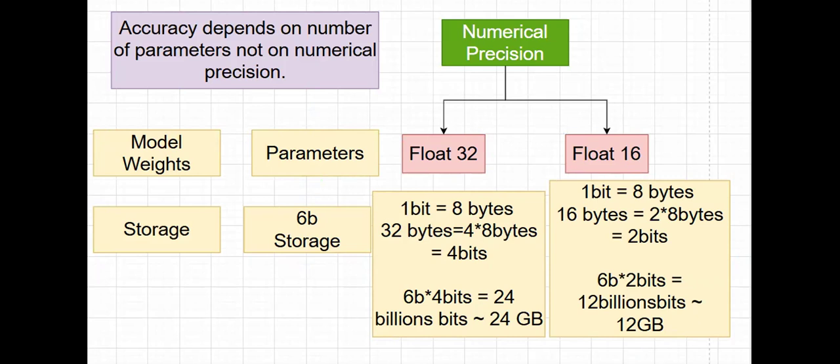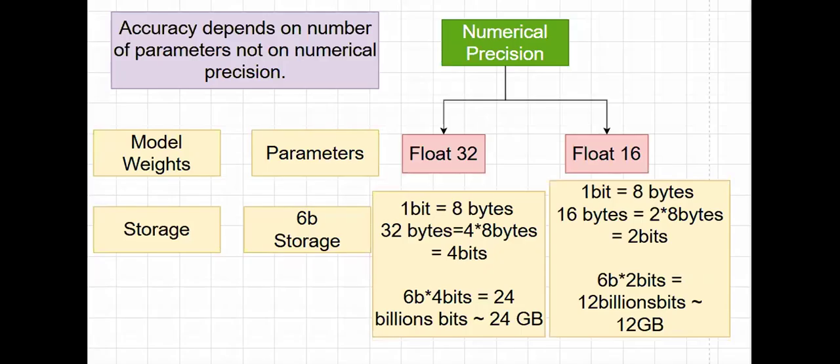Then there will be a conversion time, nothing but it will require some compute while converting the data from the represented parameter value, that is either 8-bit or 4-bit, to the compatible hardware-related numerical precision.